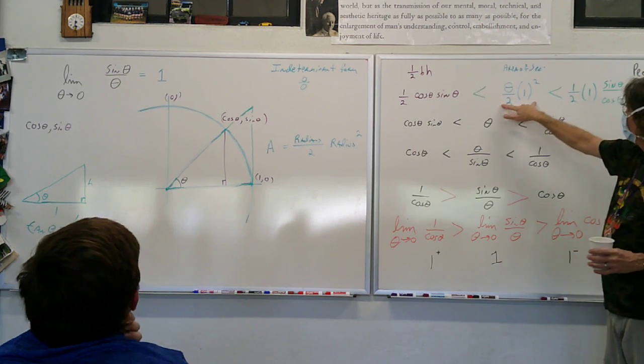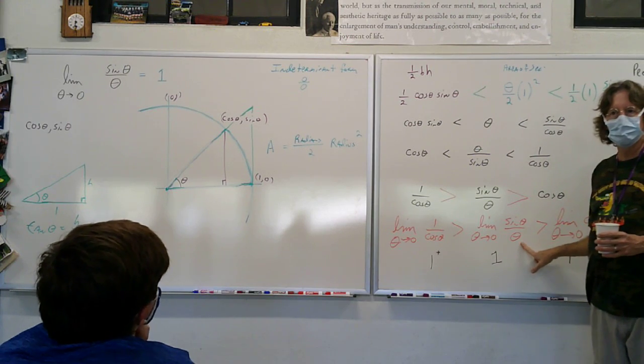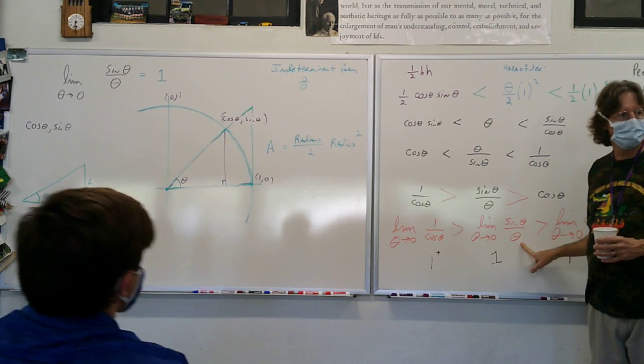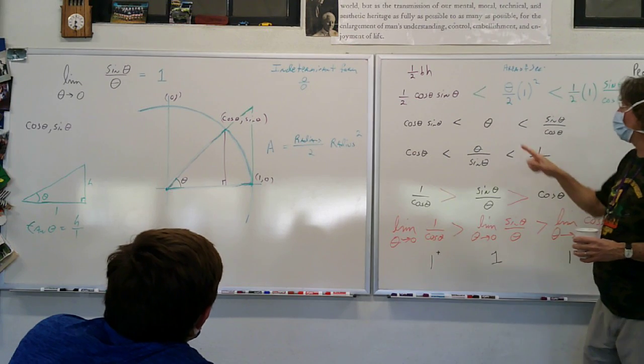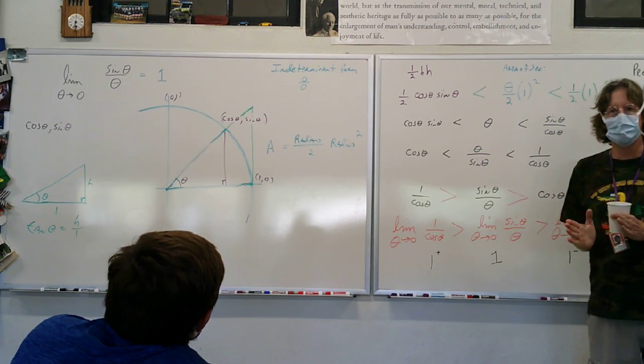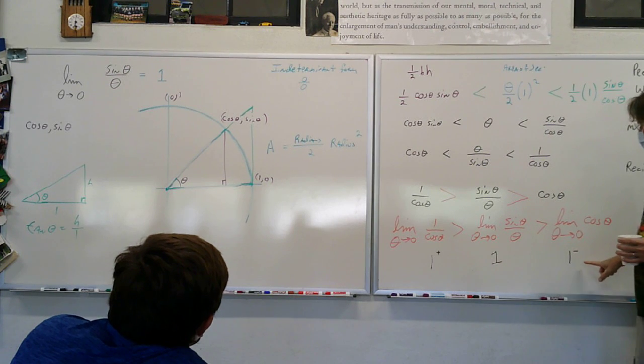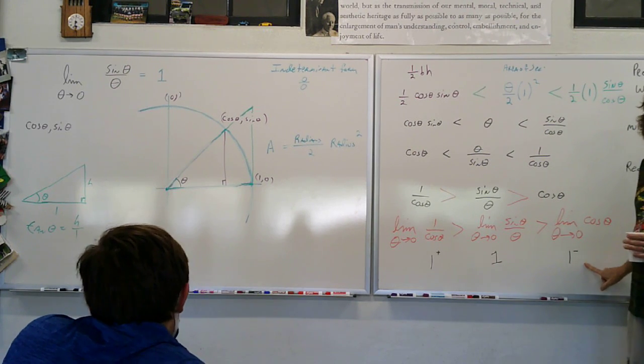And then this had to be able to be rewritten as sine theta over theta. And what you had written here and here had to both get closer and closer to the same number. If this was getting closer and closer to 5, and this was getting closer and closer to negative 5, would that really tell you the answer was 1?